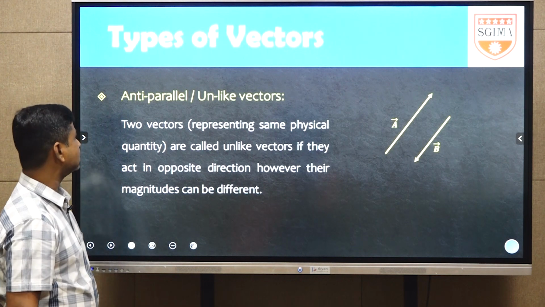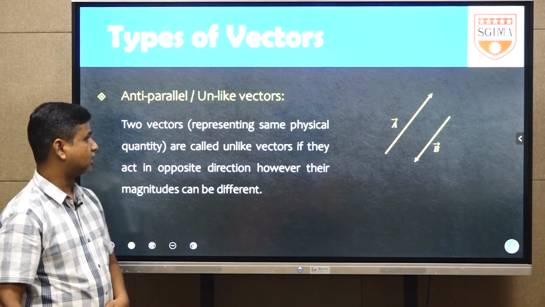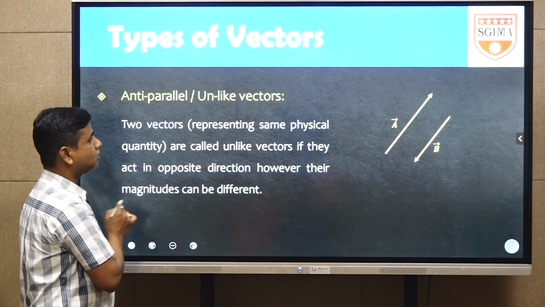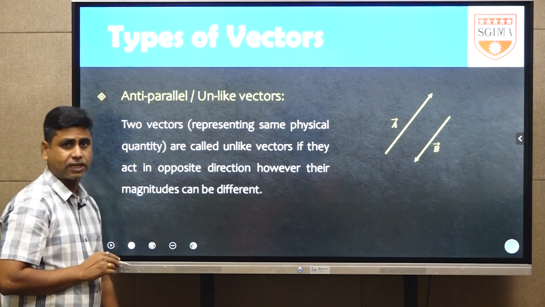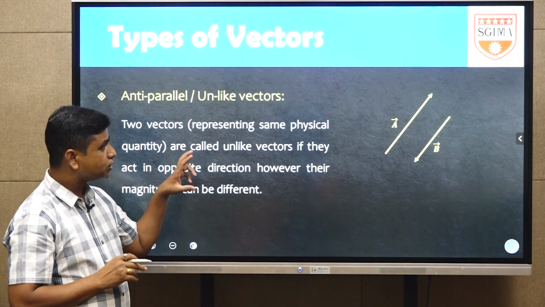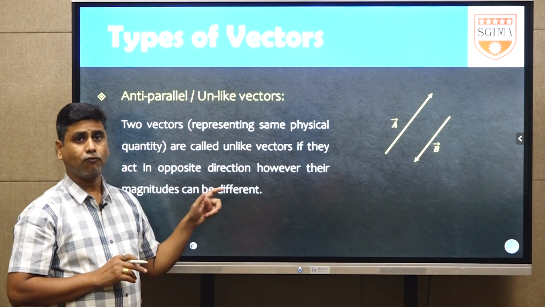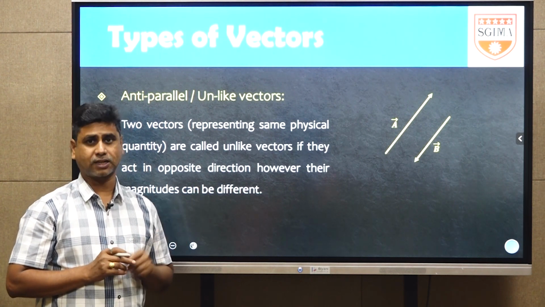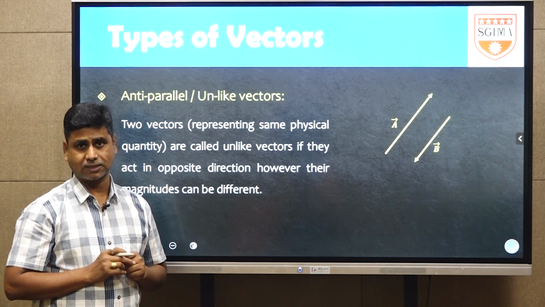Next, the second type is anti-parallel or unlike vectors. Here anti-parallel or unlike vectors means two vectors representing the same physical quantity. Representing the same physical quantity means these two vectors are either both displacement vectors, or force vectors, or acceleration vectors.